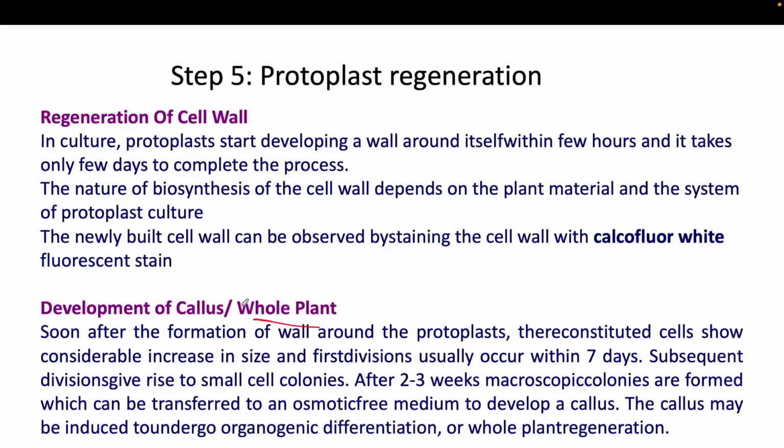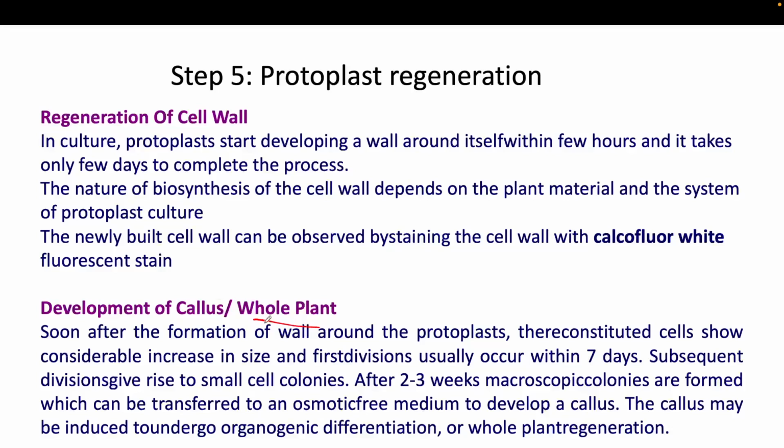Okay, means when you put your callus tissue into either an agar plate or liquid media, then after some time firstly the shoot will regenerate, and after that the root will form, then you have to keep it into the field, and then it will grow as a whole plant.